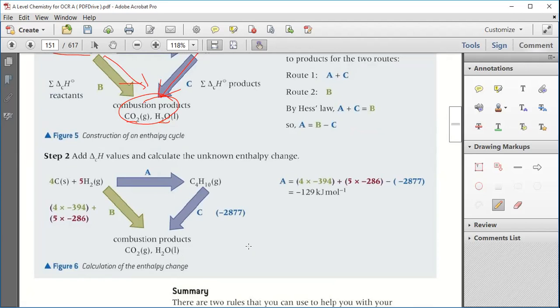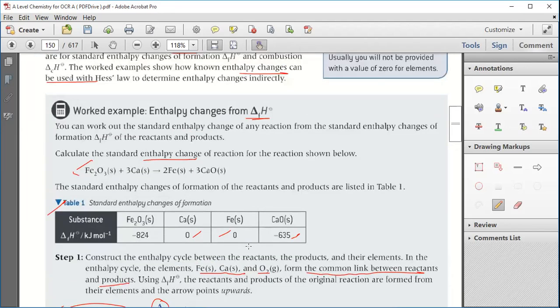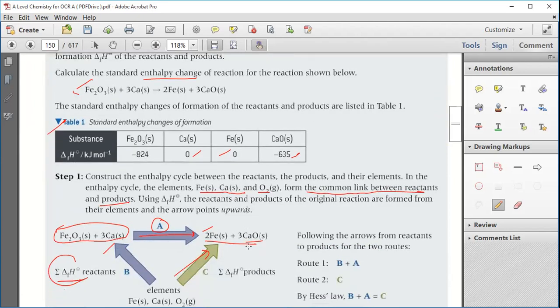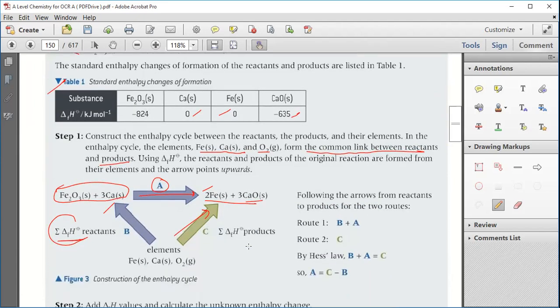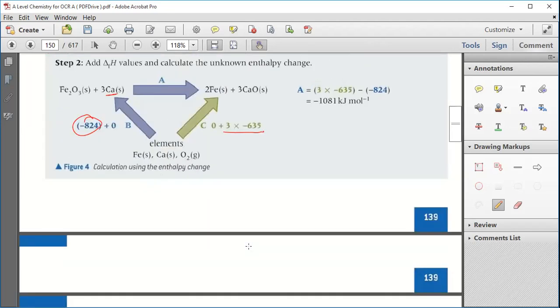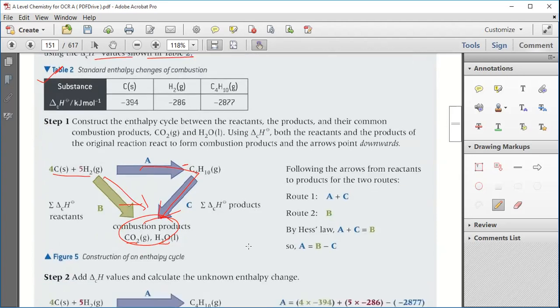So the first example was formation, which was product minus reactants. Product minus reactant is always there. But then it was C minus B, B minus C?